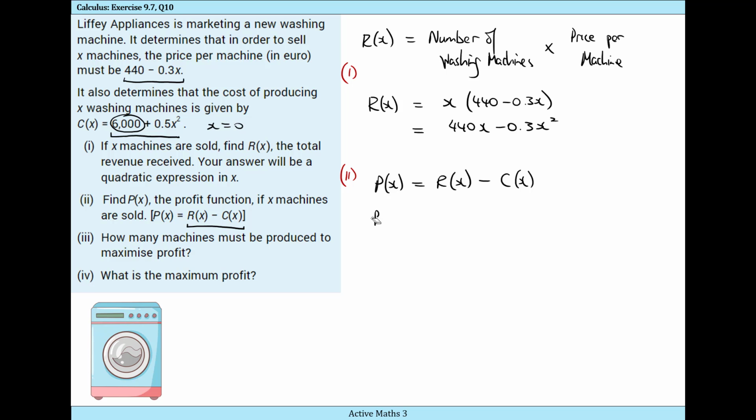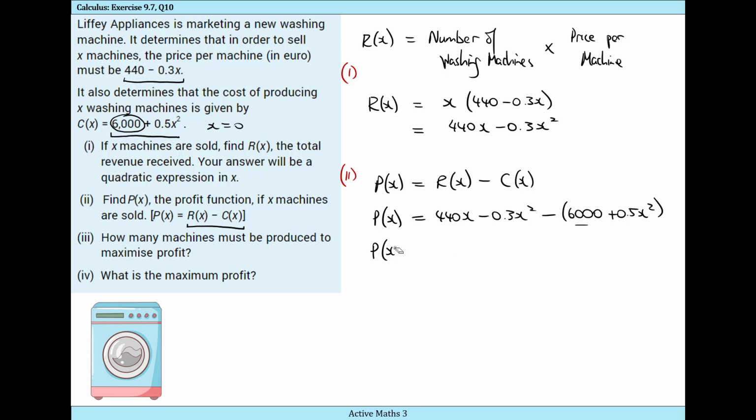So we're going to sub in r of x, the revenue function we found earlier, 440x minus 0.3x squared. We're going to subtract the cost function, which is 6,000 plus 0.5x squared. Make sure to put that cost function in a bracket, because you want to subtract both pieces of that function. If we don't have a bracket, we'll end up just subtracting the 6,000, and we won't subtract the 0.5x squared.